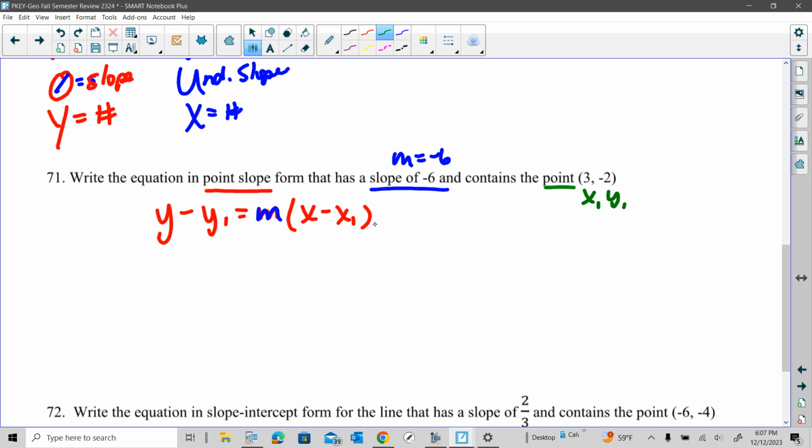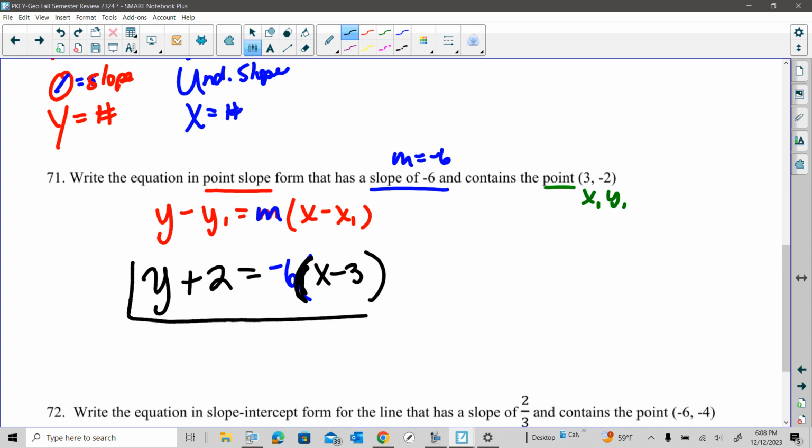So we're just plugging the parts in. This would end up being y actually plus 2 equals the -6 for the slope. And then we would have x minus 3 inside the parentheses. Okay. So there is our point slope form.